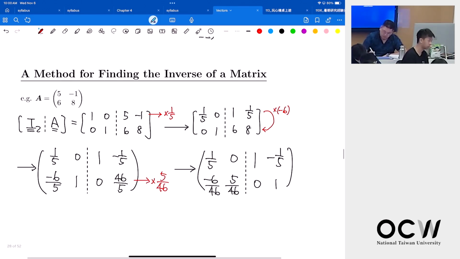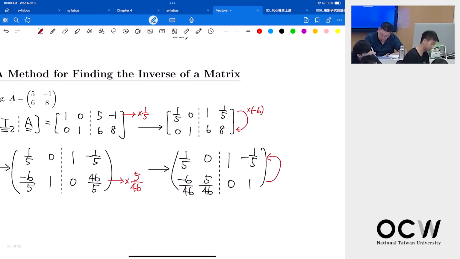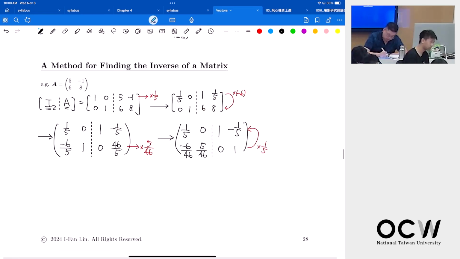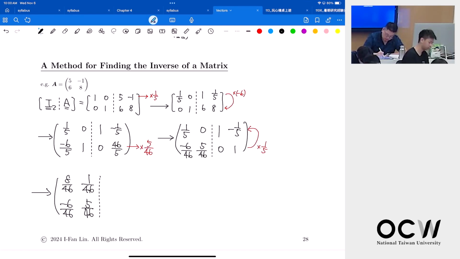Last one, you'll make this minus 1/5 element to 0, so you times 1/5 of the second row to the first row. Then you get 8 over 46, 1 over 46. And here you have 1 0 0 1. You get identity on the right. So the A inverse will be 1 over 46, 8 minus 6, 1, 5.